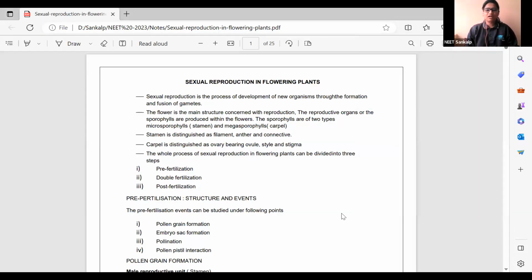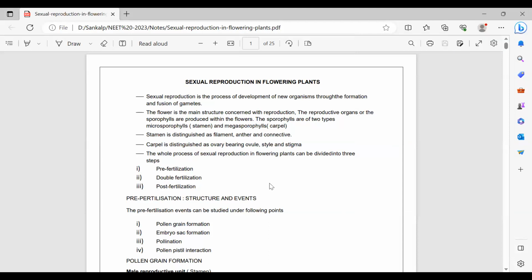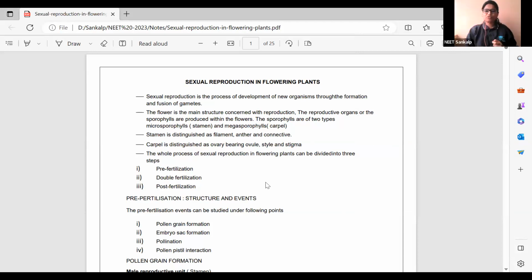I will request one by one to read out the concept; I will tell the name, and that person has to read the concept. Today we have a discussion on sexual reproduction in flowering plants. It is like a revision, as I said in the last session. Anvita, are you here? All of you can switch on your videos. Please switch on your video and start reading the points.